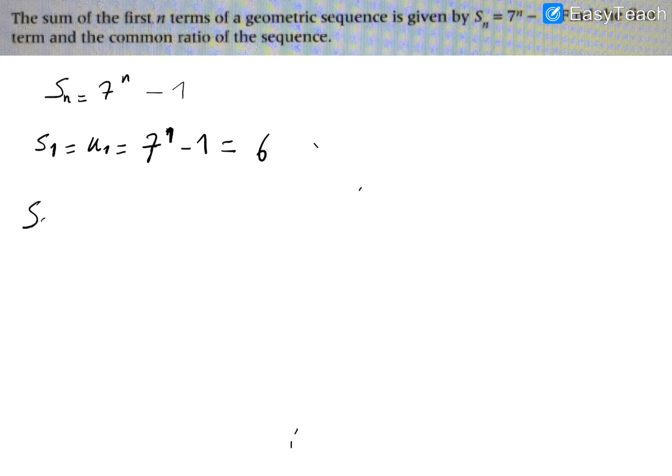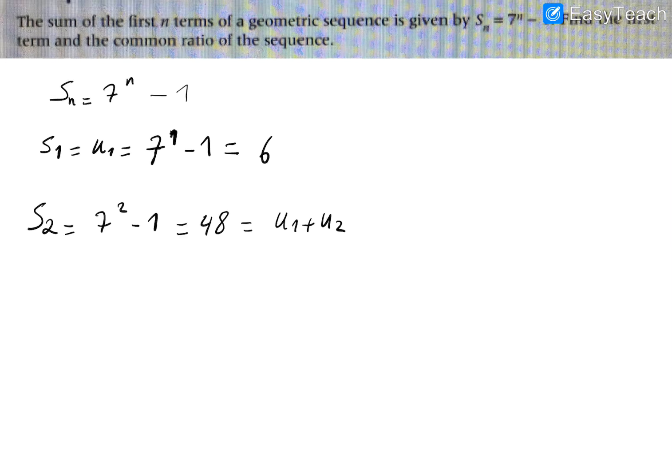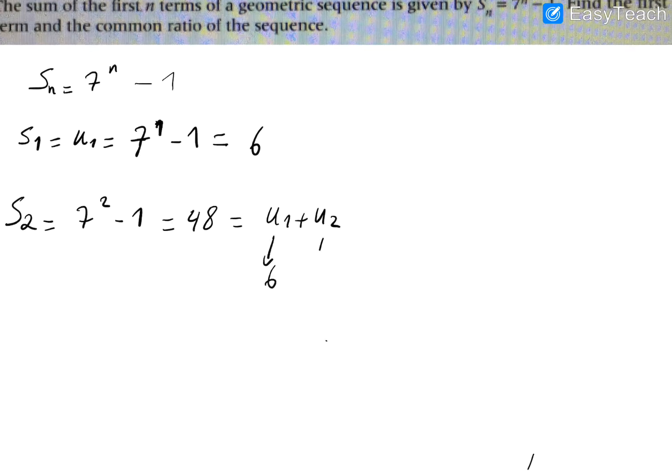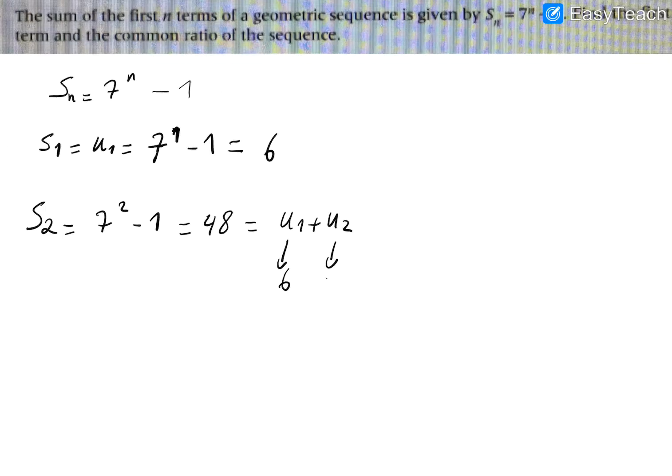I can get this. So the second sum will be 7 power of 2, minus 1, which is 48. And we know the sum of the two terms is u1 plus u2, right? So I already know that u1 is 6, then u2 will be 48 minus 6, which is 42.